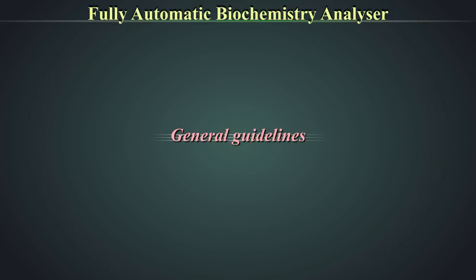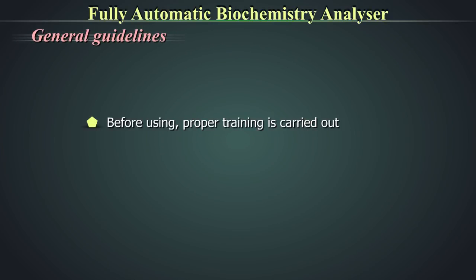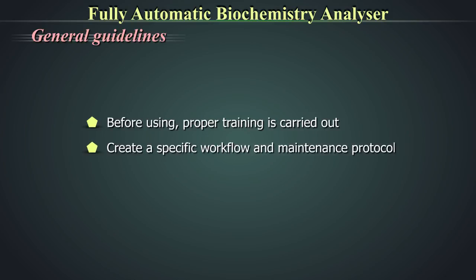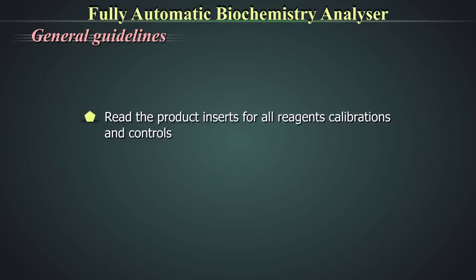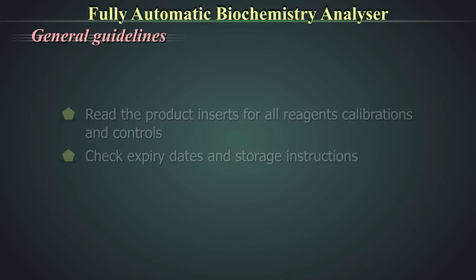General guidelines to be followed. Before using an automated instrument, proper training of all users is carried out. Read the user's manual and create a specific workflow and maintenance protocol for the lab. Read the product inserts for all reagents, calibrators, and controls. Check their expiry dates and storage instructions.